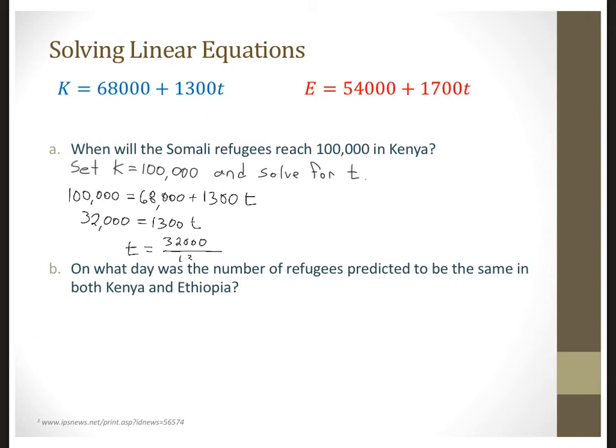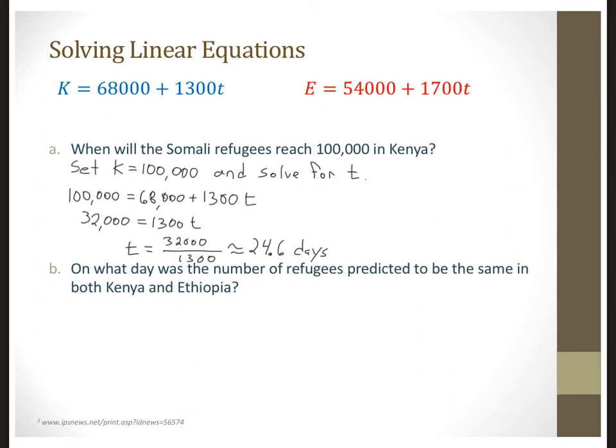So T equals 32,000 divided by 1,300, which comes out to 24.6 days. This means about 25 days after June 30th, the number of Somali refugees in Kenya is predicted to reach 100,000.